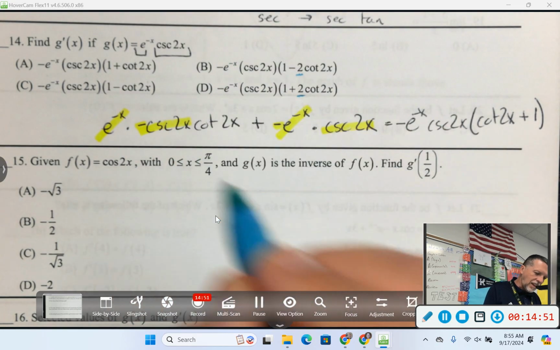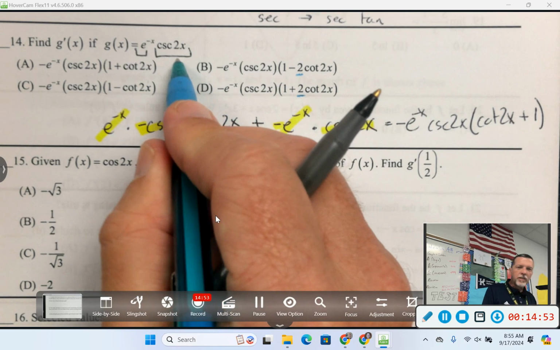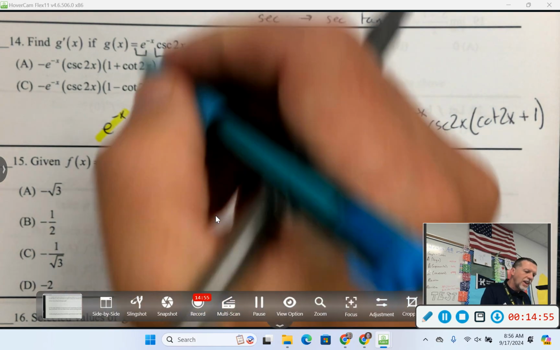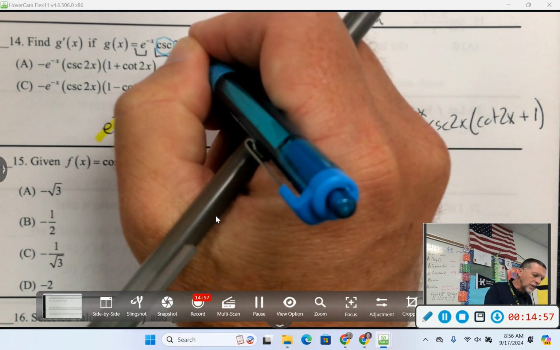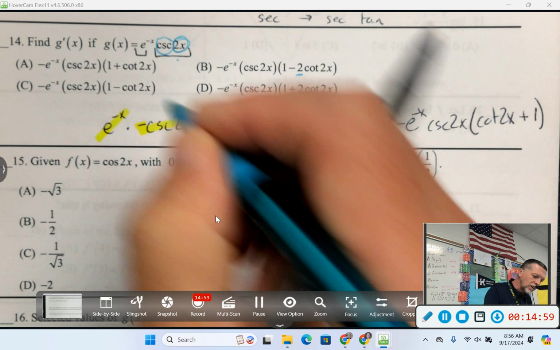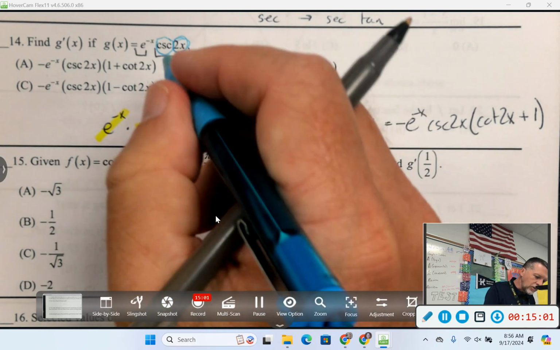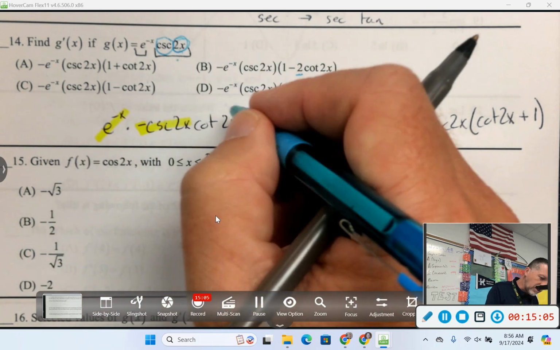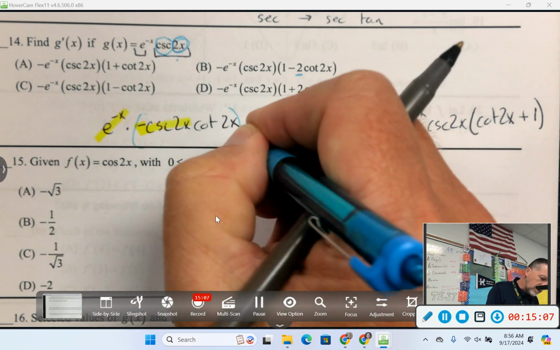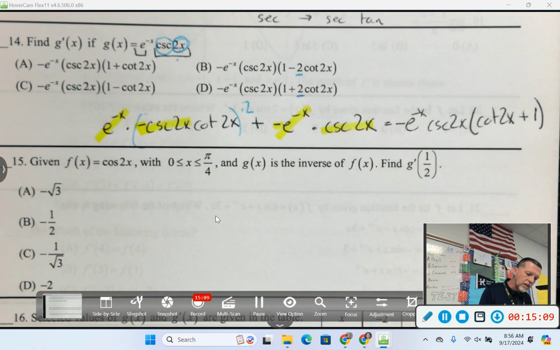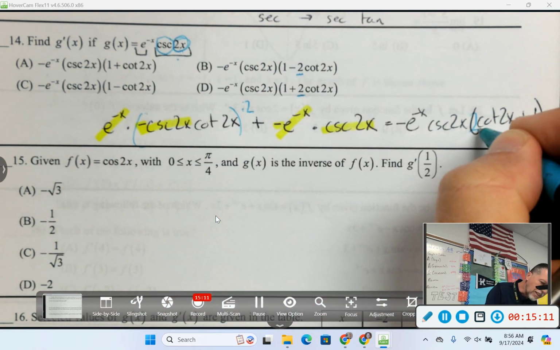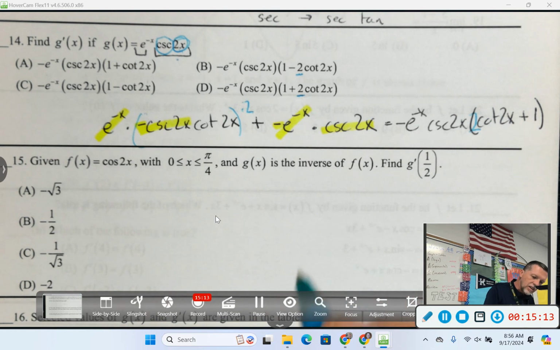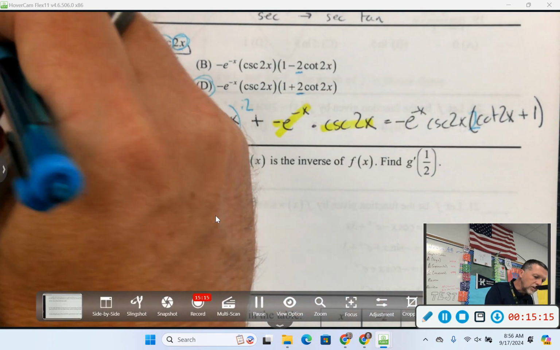I think when I took the derivative of cosecant 2x, I took the derivative of cosecant, but I forgot about the derivative of 2. So, like a chain rule situation, there needs to be a 2 in there somewhere. Probably right there. So 1 plus 2.